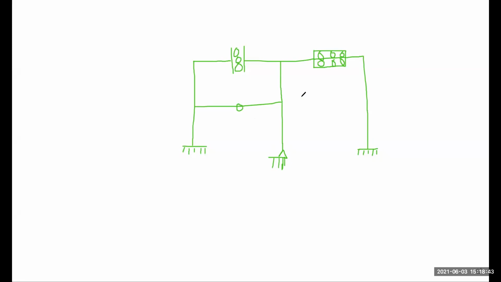Next, I have here a release member which releases axial force and bending moment. So solve this problem. Find DS of this frame.